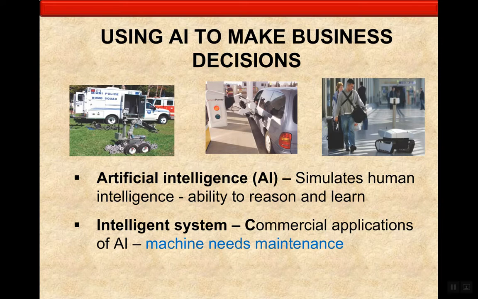So, the idea of artificial intelligence. One of the key directions we're seeing is moving more towards what we call artificial intelligence to make business decisions. The term has been around for some period of time, 20, 30 years ago.